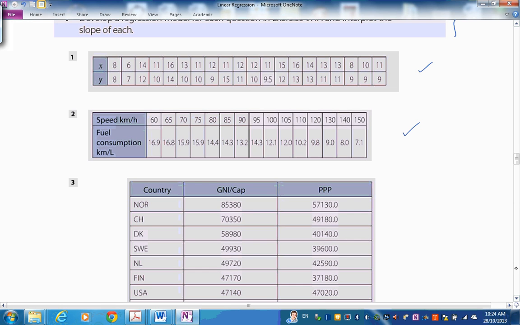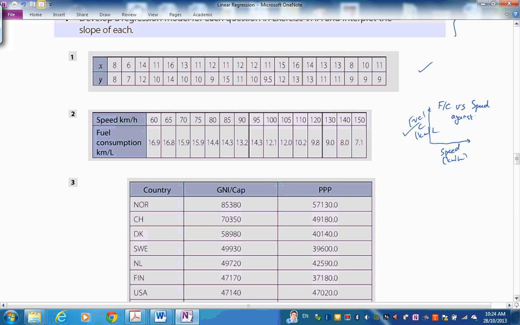Just a note there: if we put speed here in kilometres per hour, and this is fuel consumption in kilometres per litre, with our scales on there, we say fuel consumption versus or against speed. That's the way we say it mathematically.